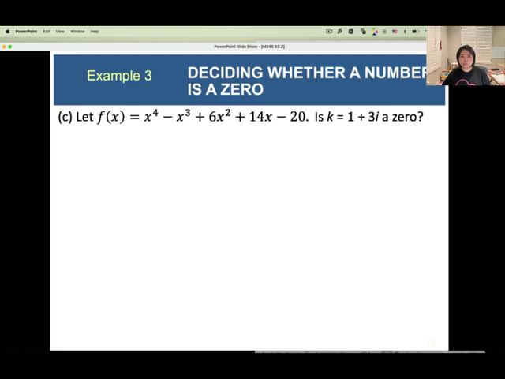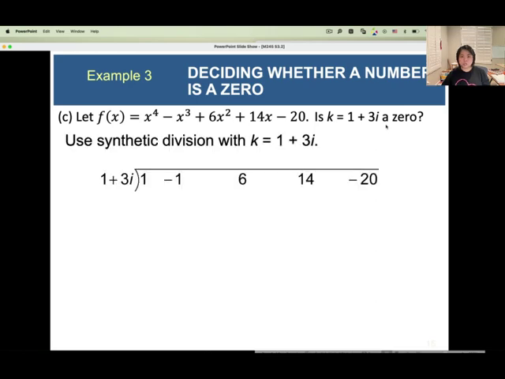Okay, last one. This time, we do have a complex number. We're going to do the same thing. Okay, bring it down to 1 and then multiply it. Add it up. So combine the like terms, it's only 3i here. So 3i times this guy, you're going to get 3i plus 9i squared. Remember, what does i squared equal to? i squared is going to be negative 1.